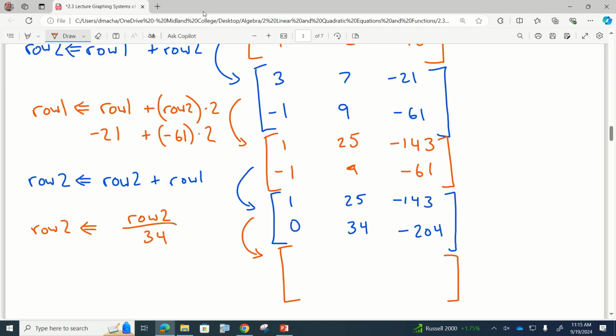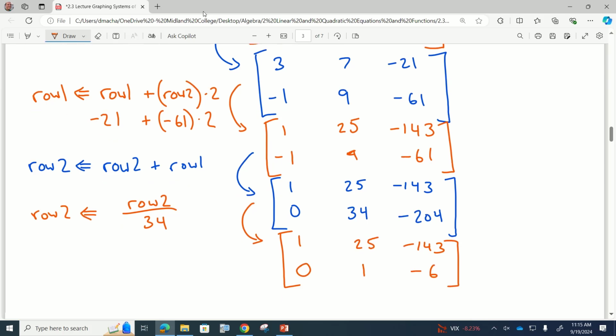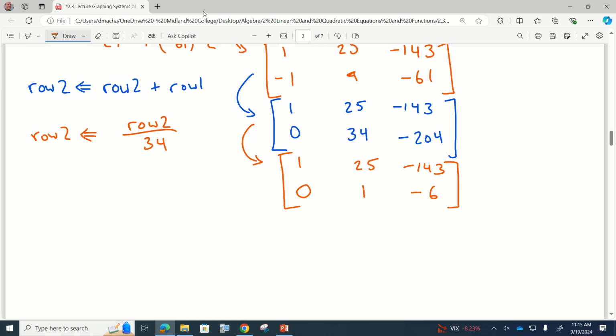If I take row 2 and I divide row 2 by 34, I would get 0 divided by 34 is 0. 34 divided by 34 is 1. And -204 divided by 34 is -6. We're very close to being done here.